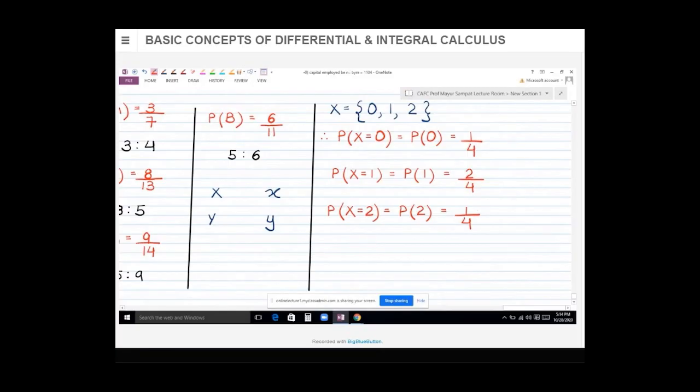Probability, it is a ratio. रेशियो बोला बेटा, क्या बोला मैंने, रेशियो। It is a ratio of the number of favorable outcomes to the total outcomes.